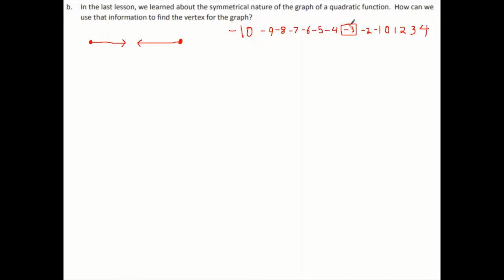So since we actually know the equation itself, we can just take negative 3 and plug it into our equation. So y is equal to negative 3 squared plus 6 times negative 3 minus 40.